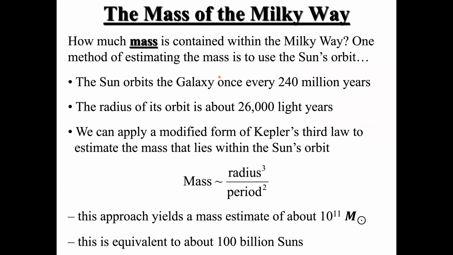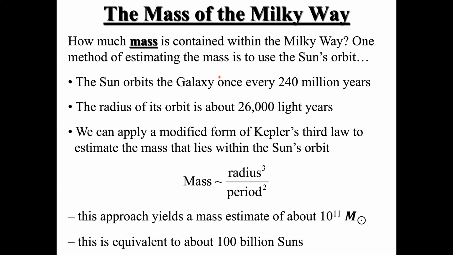And another thing is that if you want to measure the mass of the Milky Way, you can actually measure it in a few different ways. But one of the simplest ways, as I told you in one of the previous slides, is that we know our sun orbits the galaxy once every 240 million years, right? That we know, the period. And the radius of the orbit of the sun around the galaxy is 26,000 light years.